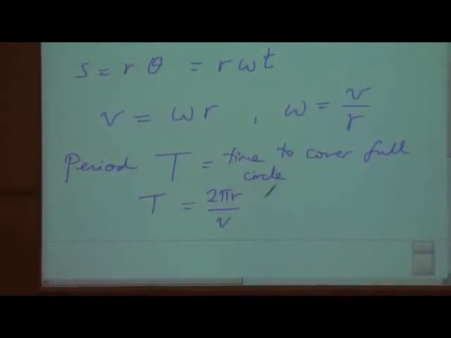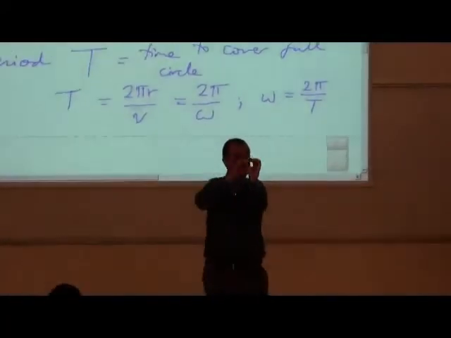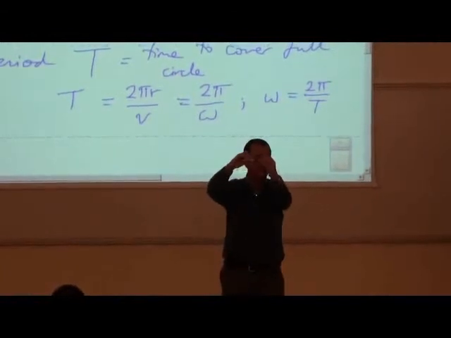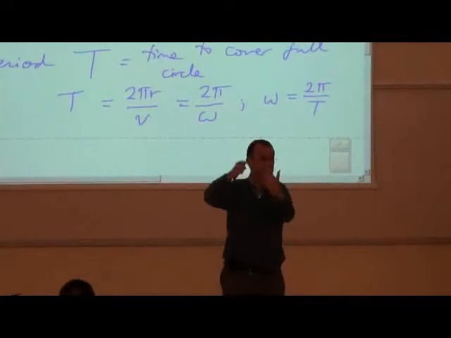Period T, the time to cover a full circle, is the distance gone, 2 pi r, divided by the velocity v. Well, how much time will that be?